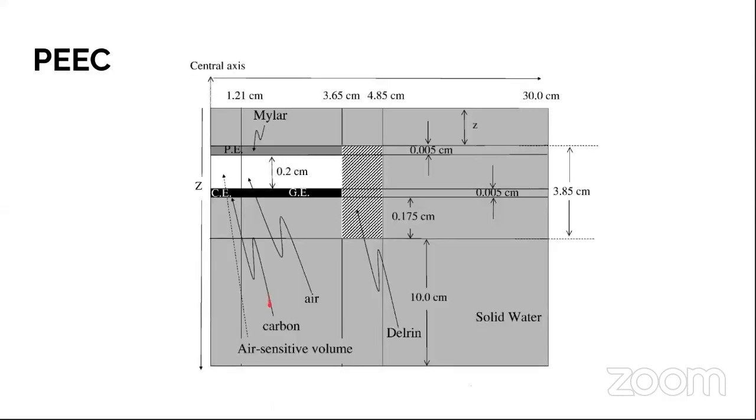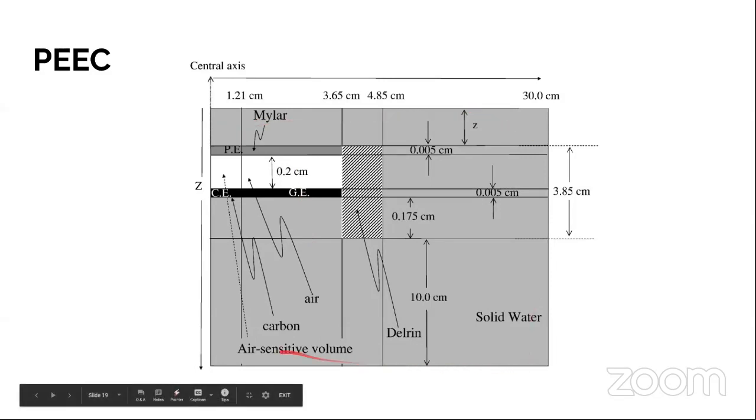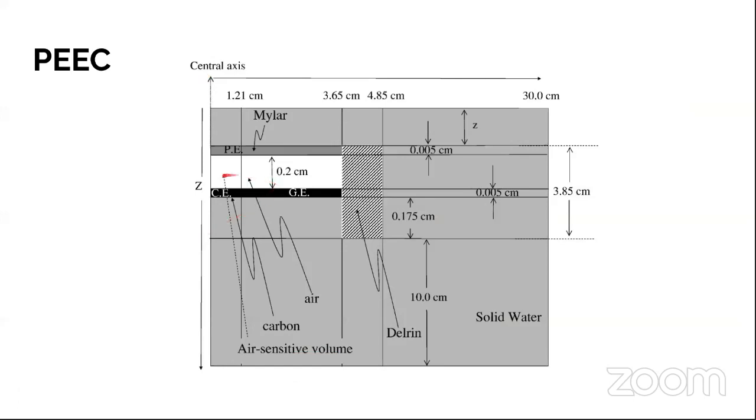And we could then model this chamber using DOSRZnrc. So this is the model that I've used. Everything is solid water. Now it's an RZ geometry, right? This is the air. This is the upper part, made out of Mylar with a thickness of 50 micrometers.